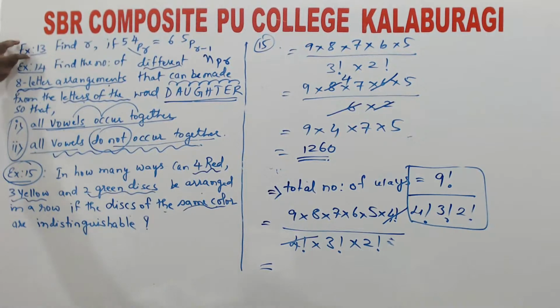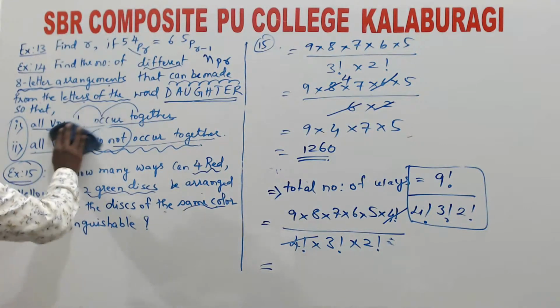Is that clear, students? Examples 13, 14, 15, we have solved. So now moving on to the next question. So it's example 16.